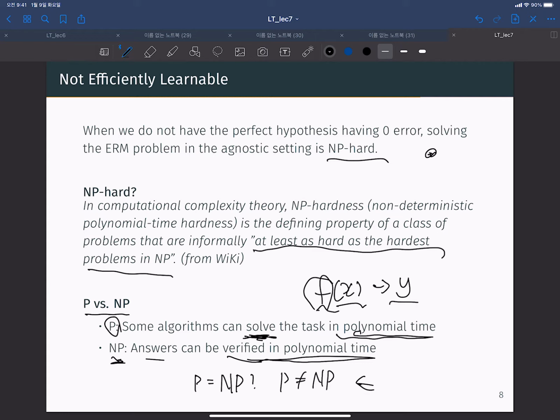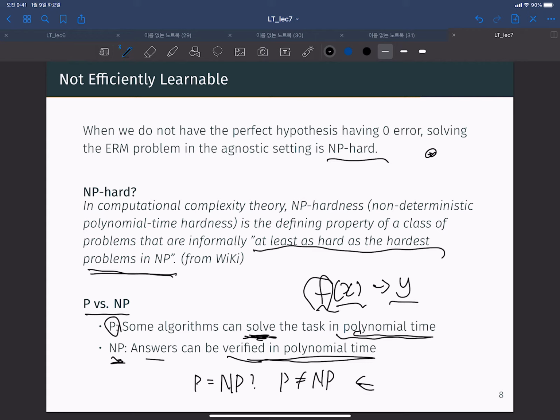NP-hard means that if we can solve an NP-hard task, it directly implies we can solve any task in NP in polynomial time. So the complexity of NP-hard is at least as hard as the hardest problem in NP, because when we can solve one NP-hard problem, that directly implies we can solve any NP problem.